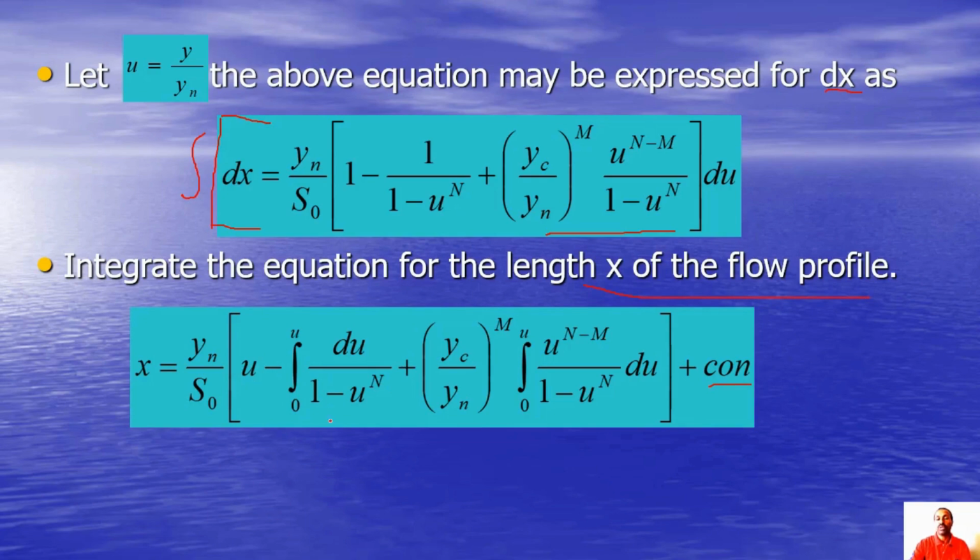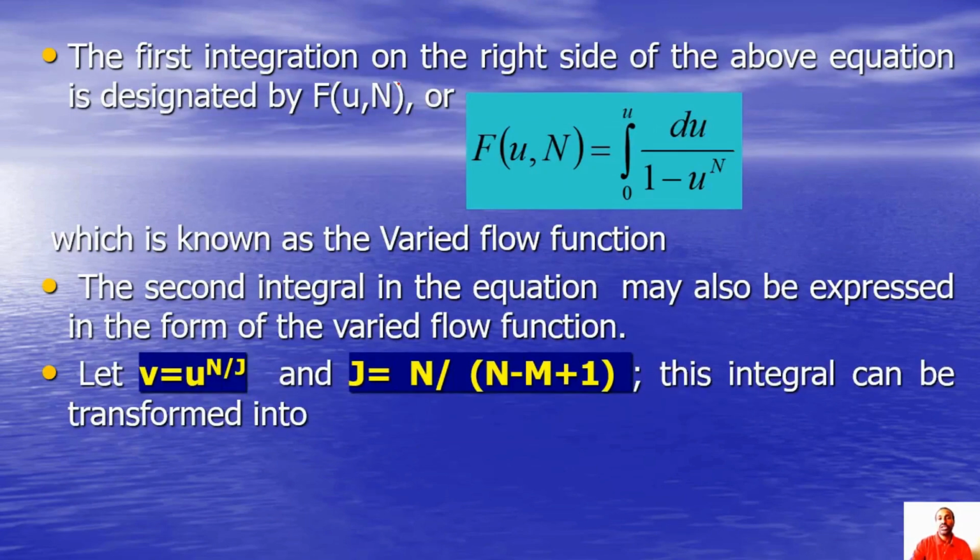So how do you determine U, N and M? The first integration on the right side of the above equation is designed for the varied flow function. F of u n is the integration of u from 0 to u, du over 1 minus u to the power of n, which is known as the varied flow function.